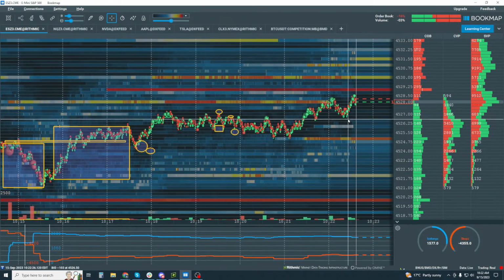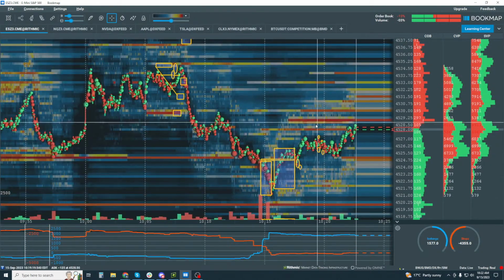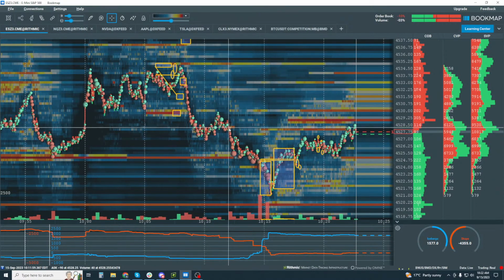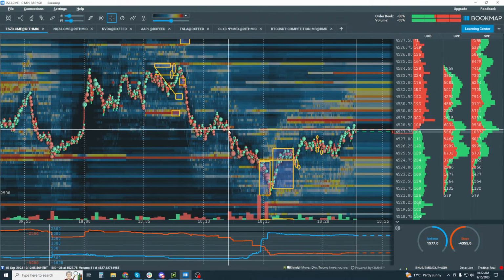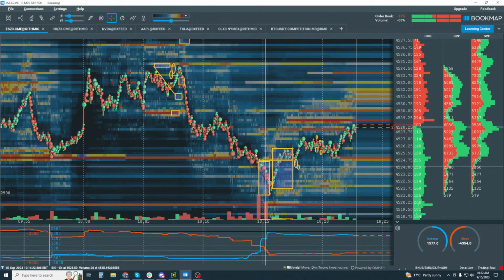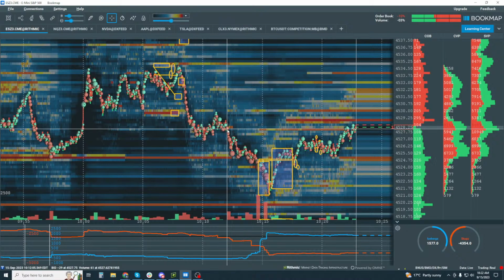All right, anyway, let's see if we can get again more sellers in. We still know that there's more selling than there is buying, even from this point on here.